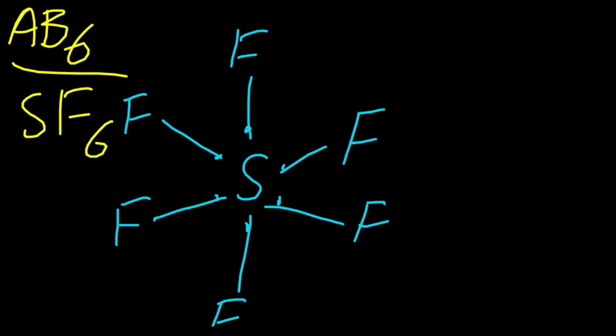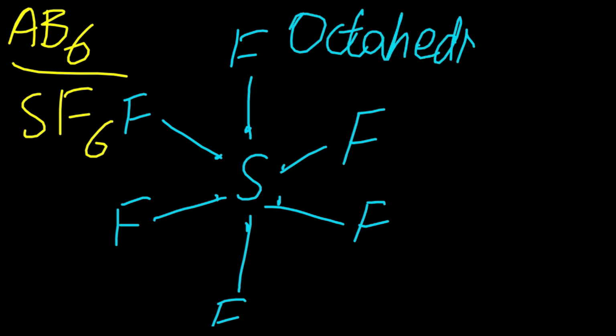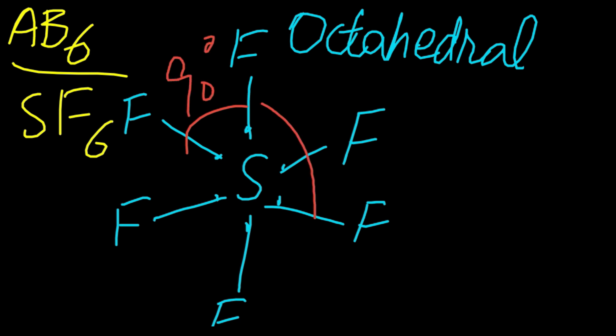The geometry of AB6 type molecules is octahedral. All of the fluorines in SF6 are identical, and the bond angle between two adjacent fluorines is 90 degrees, and between two opposite fluorines is 180 degrees.